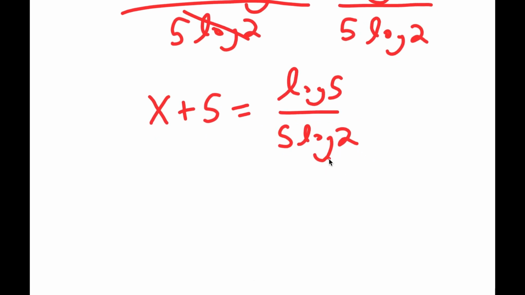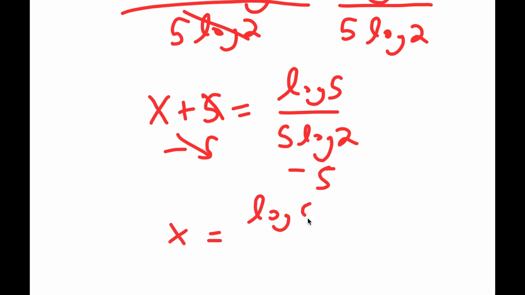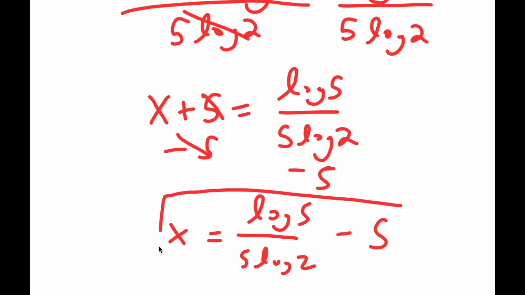And now if I subtract 5 on both sides, I get x is equal to log 5 over 5 log 2 minus 5.